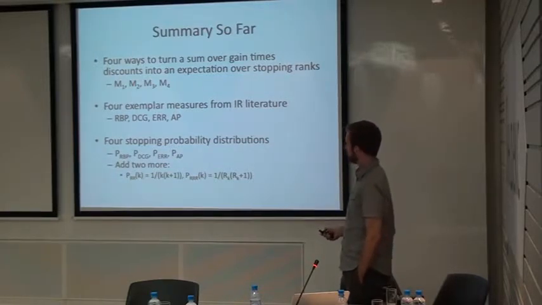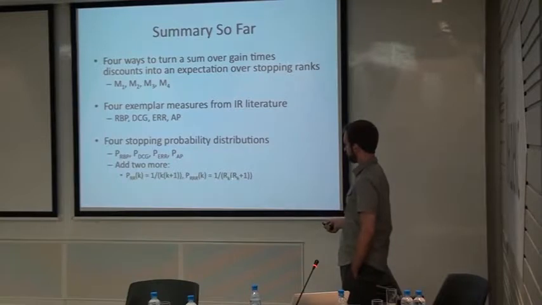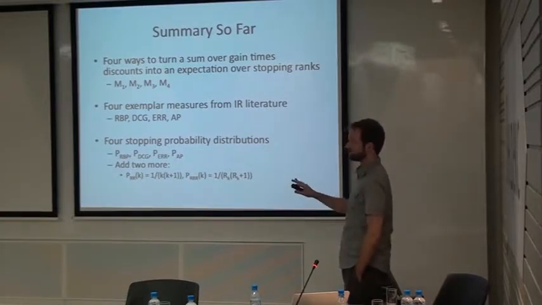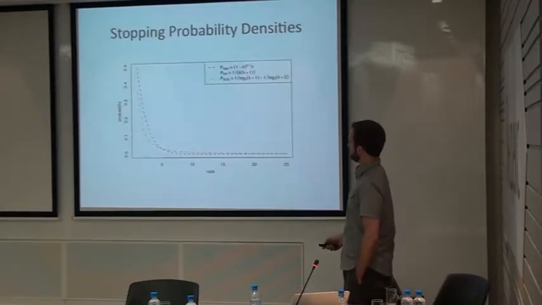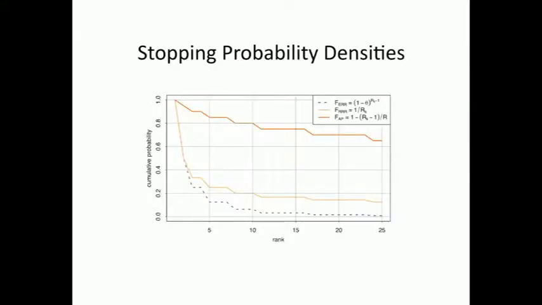So the P of k is going to be rel sub k times this probability theta, which is the same probability as in RBP, except now it's to the power of r sub k minus 1 rather than k minus 1, and then times 1 minus theta for the stopping point. So the rel sub k here is just capturing this if and otherwise statement.